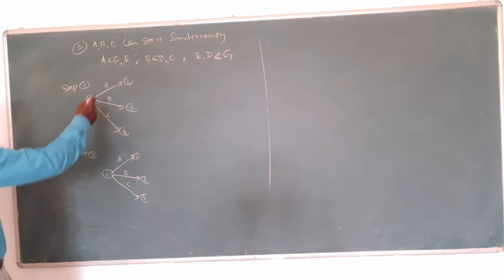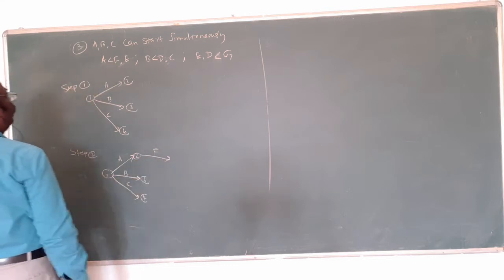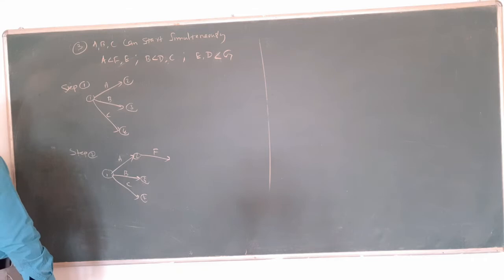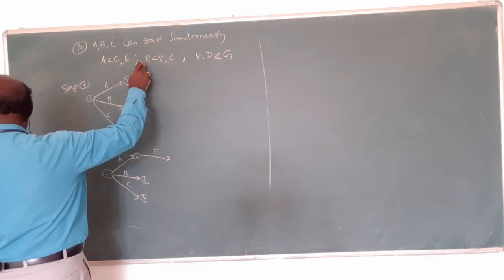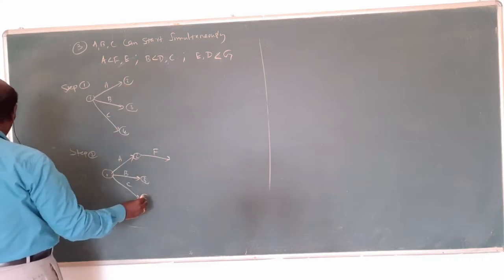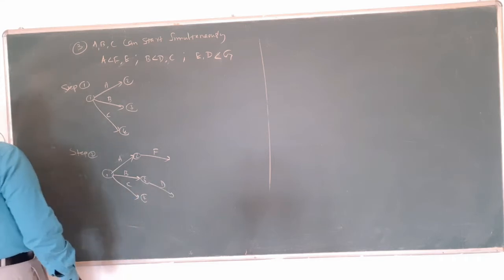Next is what? Before F, A. Okay? Next one. Before D, B. Before D, B. Alright? Here also 1, 2 is like this.